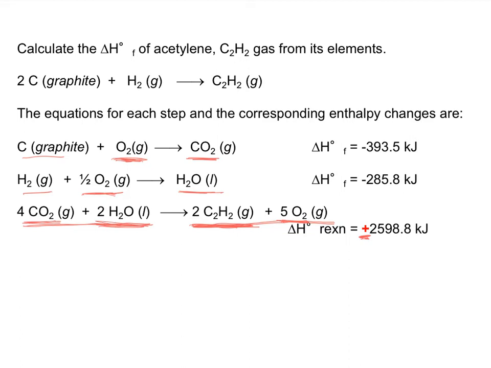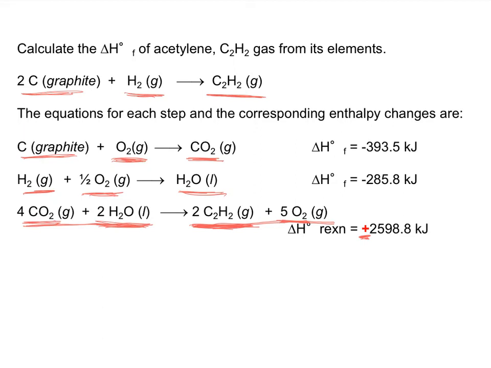Now what will we do next? Let's recap. We want carbon as the reactant, hydrogen as the reactant, acetylene as the product, and we have them. But we want to get rid of oxygen, carbon dioxide, and water.